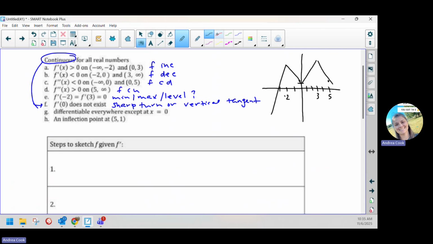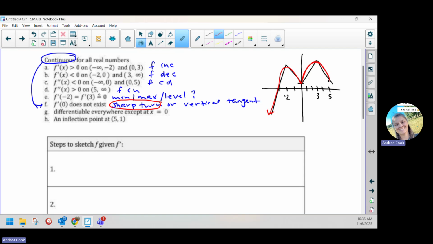And now I'm going to fix it with my concave up and concave down. So from 0 to infinity, I'm concave down. So here's 0, I'm going to make that concave down. From 0 to 5, I'm also concave down, which means at that 0 is going to be a sharp turn.